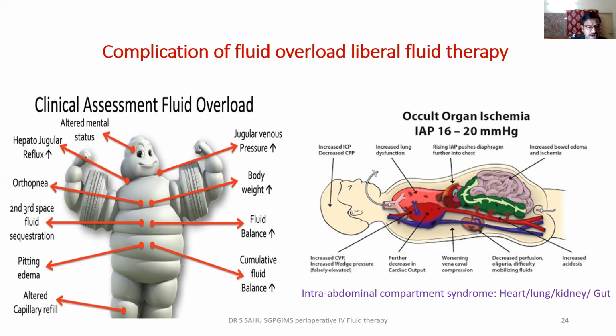And we know that if the duration of surgery is long and you have given 5-6 liters of fluid in a 6-hour surgery, when nowadays the loss is not that much, we see conjunctival edema in the postoperative period, and the patient is not able to be extubated because of excess fluid.